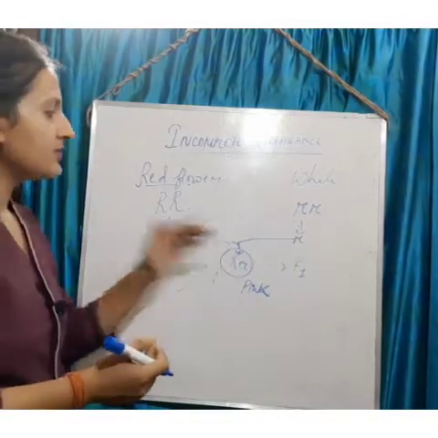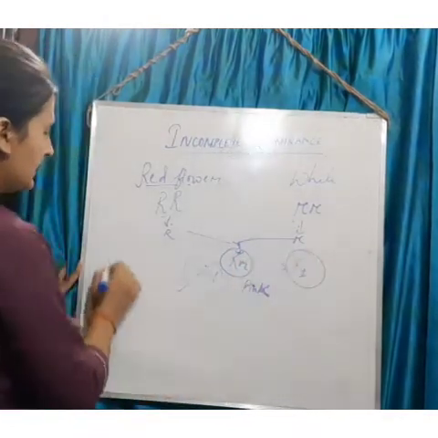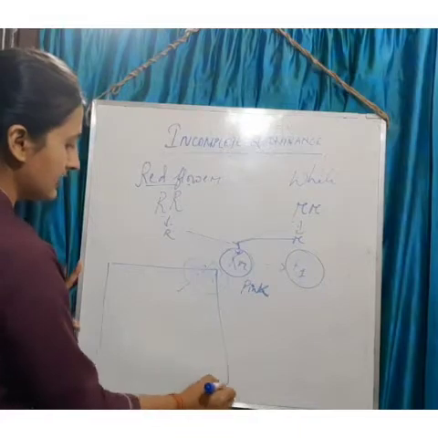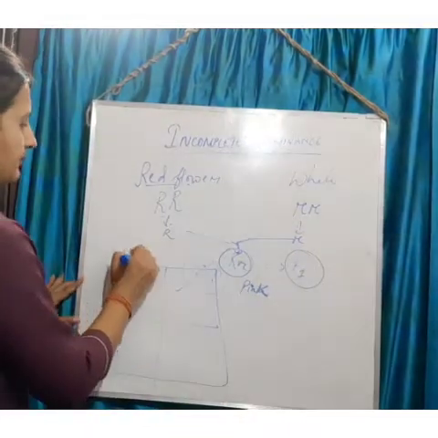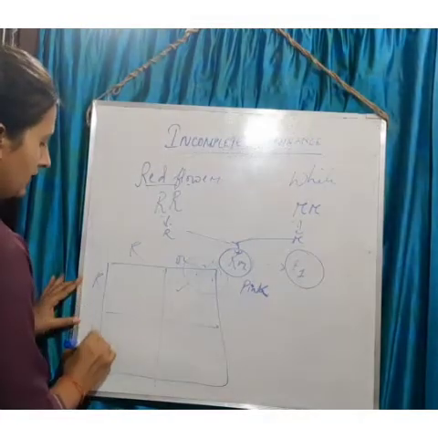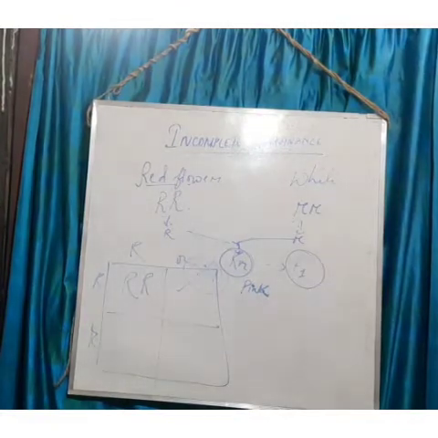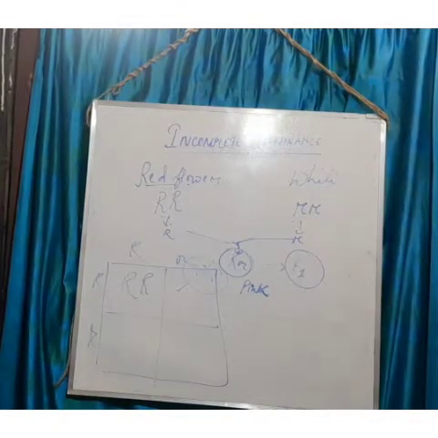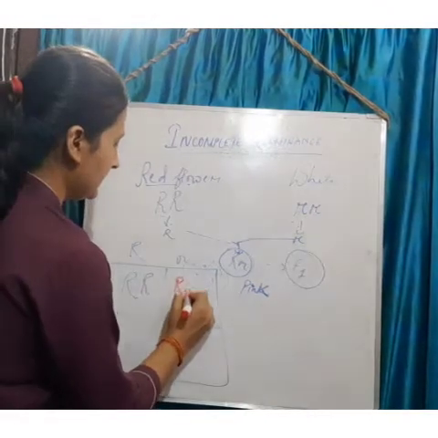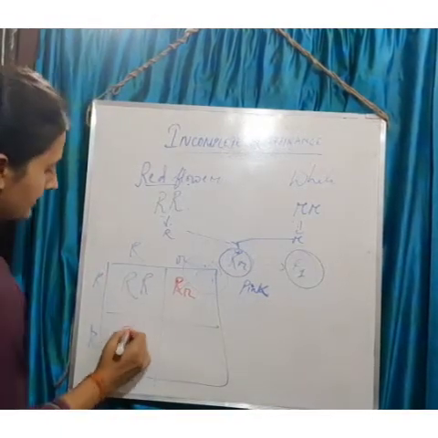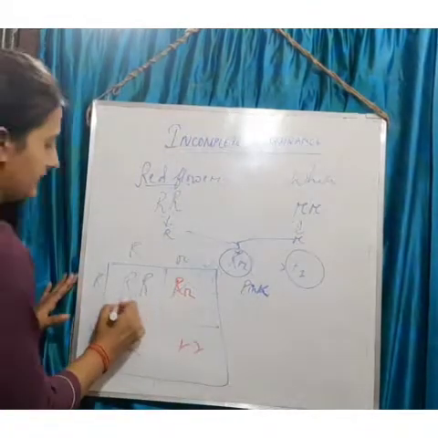So this was the result in the F1 generation. Then this F1 generation was self-crossed, self-pollination takes place. So here the result was RR, then here you can see Rr. The result according to this is red.